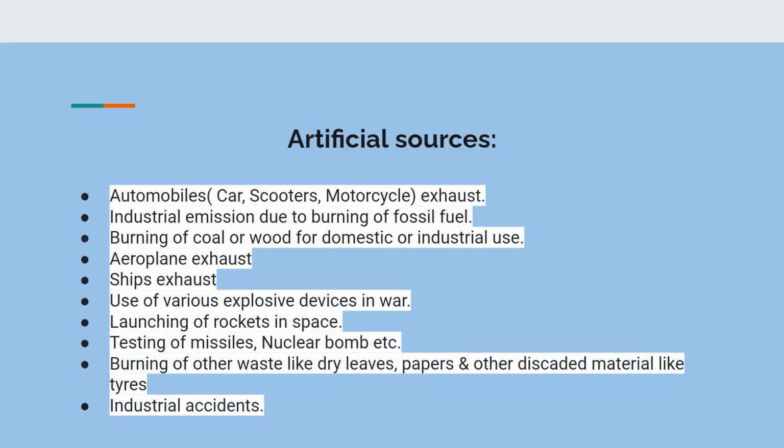And then artificial sources include automobiles, industrial emission due to burning of fossil fuel, burning of coal or wood for domestic or industrial use, aeroplane exhaust, ships exhaust, use of various explosive devices in war, launching of rockets in space, testing of missiles, nuclear bombs, etc. Burning of other waste like dry leaves, papers, and other discarded material like tires, then industrial accidents.